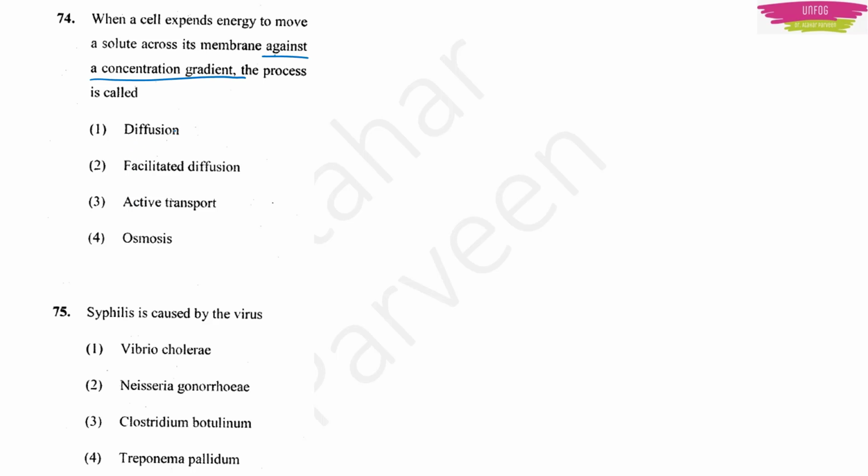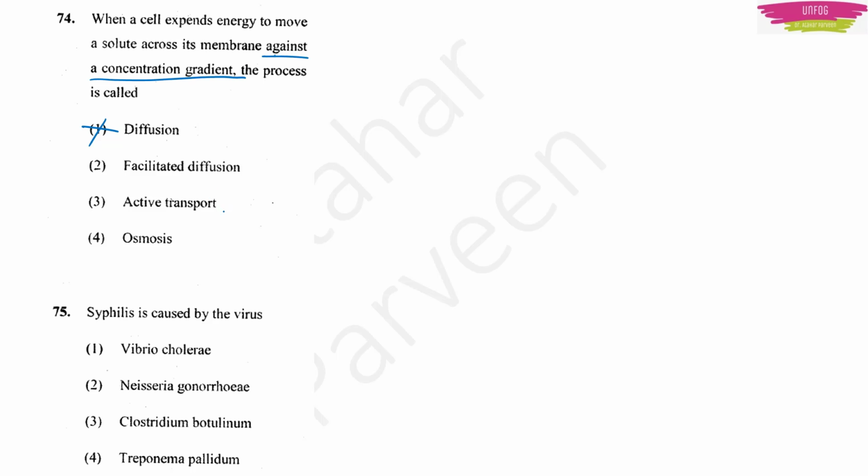Diffusion means the solute particles will flow from higher concentration to lower concentration without any need of a membrane. Like we have fully permeable membranes and semi-permeable membranes, right? Such membranes are not required for the movement of the particles, and it goes from the higher concentration gradient to the lower concentration gradient. So again no energy will be required. So option 1 is the wrong answer.